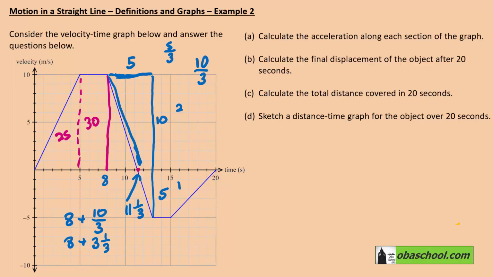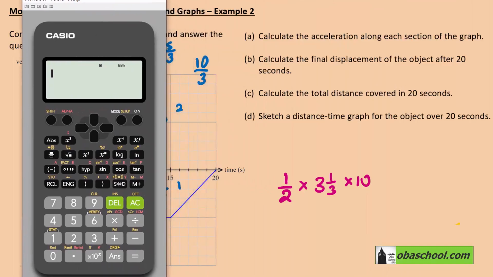So for the area of that triangle, we're going to do a half times 3 and 1/3 times 10. And let's just do that on the calculator.